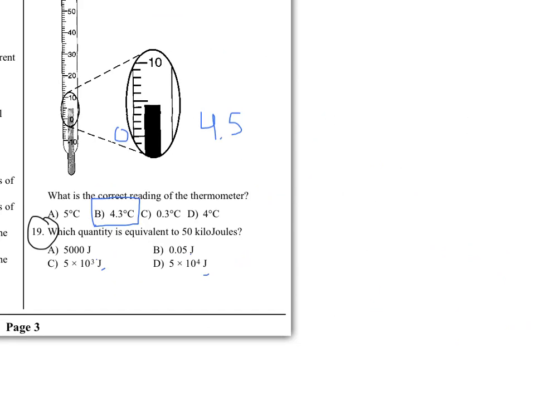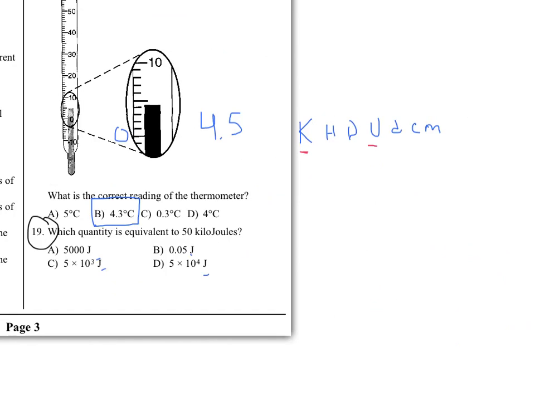In order to do metric conversions, I typically use the mnemonic device King Henry died unexpectedly drinking chocolate milk, and then we could also add with 3 monks, 3 nuns, and 3 priests, though we won't need those units at this time. So what we're going to do is we're going to see how many jumps it takes to move from kilo to our base unit.